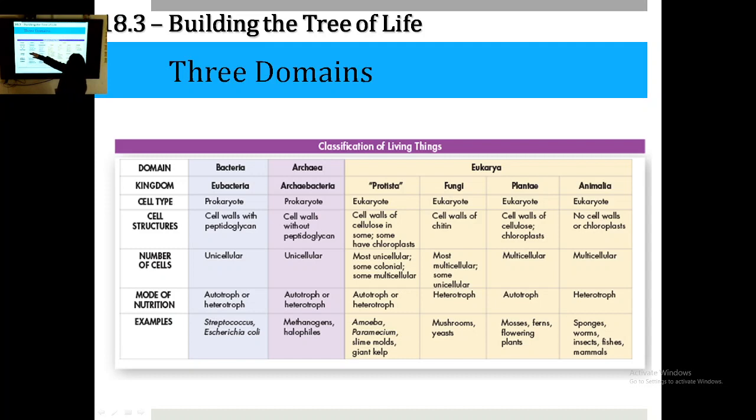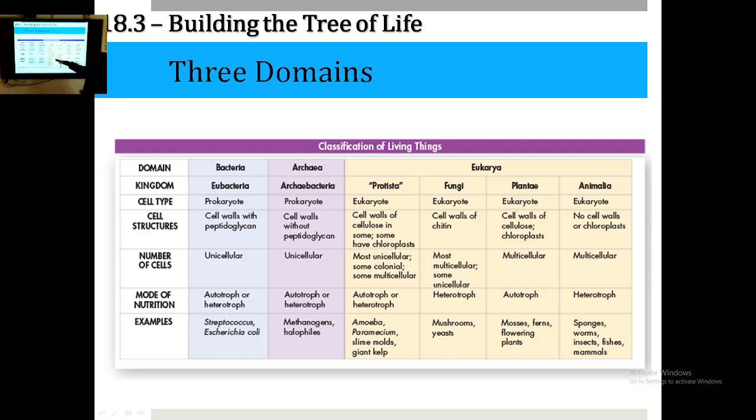For the cell structure, in previous lectures we said that bacteria have cell walls with peptidoglycan, while archaea have cell walls without peptidoglycan. Protista have cell walls of cellulose, fungi have cell walls of chitin, plants have a cell wall of cellulose and chloroplasts, and Animalia have no cell wall.